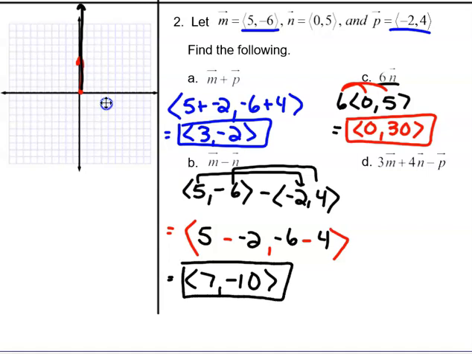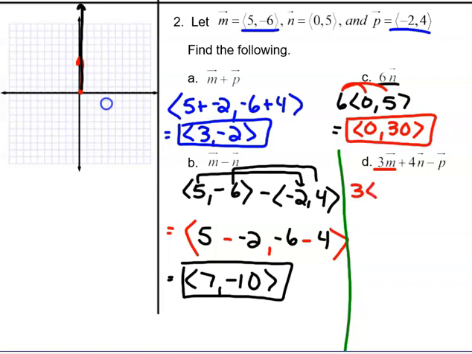Okay? And finally, if we're doing a bunch of those, I'm going to do basically a combination. By bunch, I mean we're multiplying and then we're adding and subtracting. Well, first we're going to do the 3 times m.